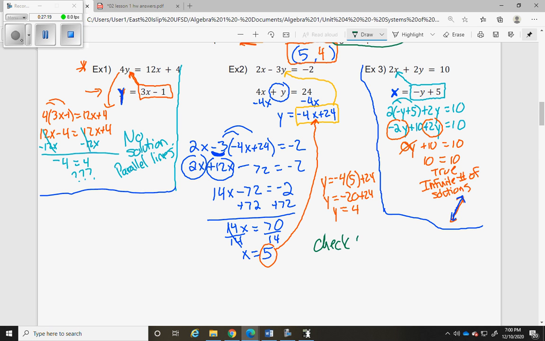I like to write check number 1 and check number 2 so that I don't forget to do a check, and I rewrite each original equation. So I do one check at a time. In place of x, I put the 5, and in place of y, I put the 4.